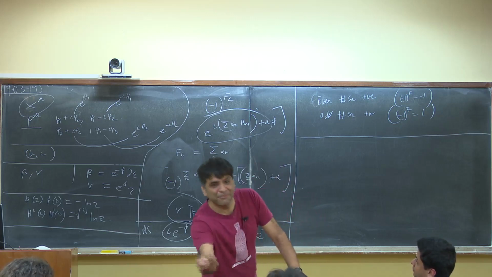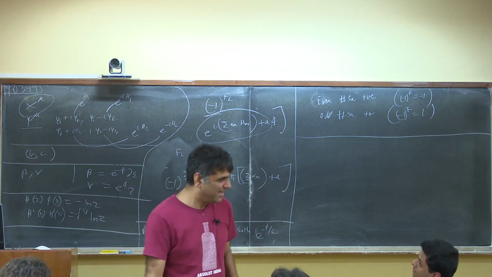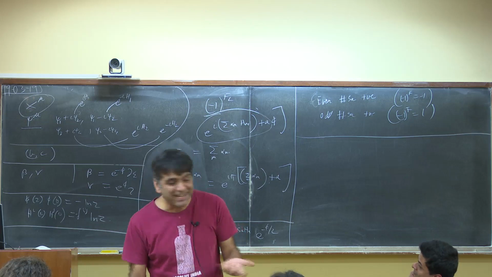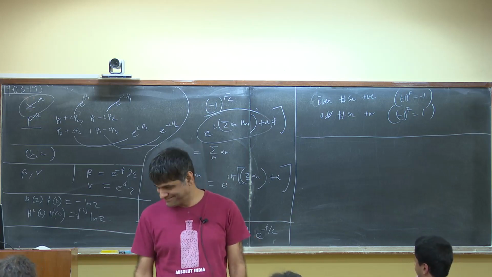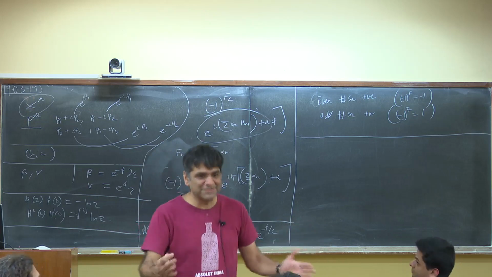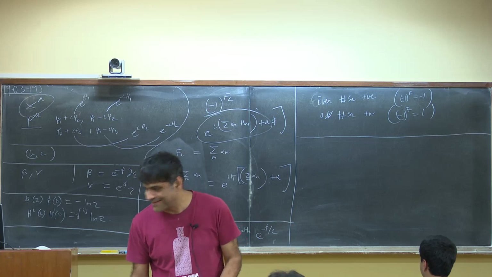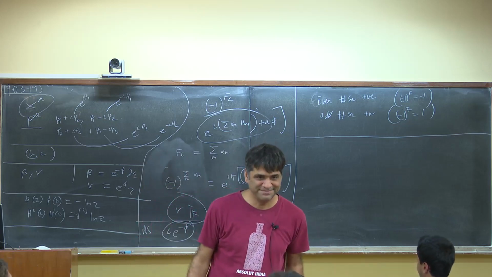Which means that only an even number of guys can be negative, and therefore an odd number have to be positive. So a chiral spinor is one where an even number of guys is negative. Maybe that's how I should have said it. Whereas an anti-chiral spinor is one where an odd number of guys is negative.